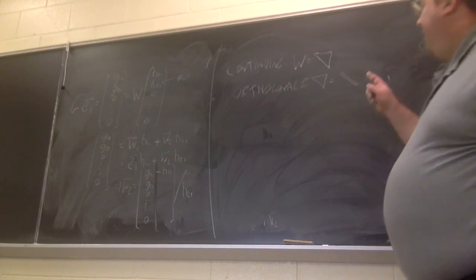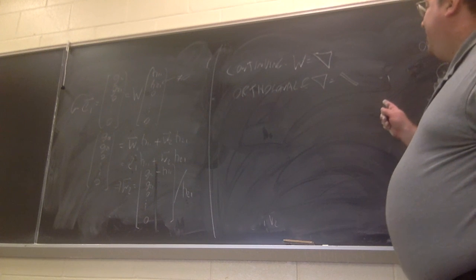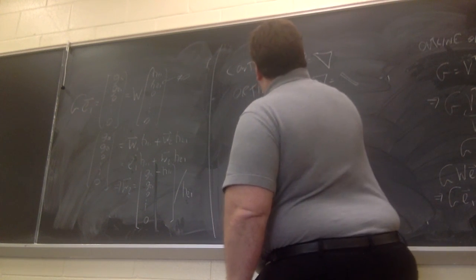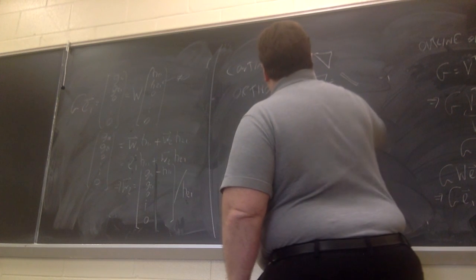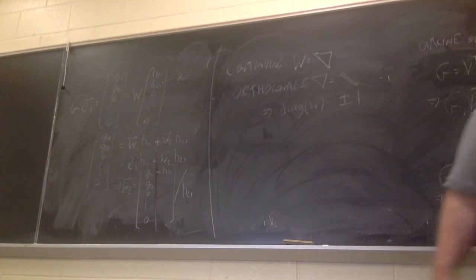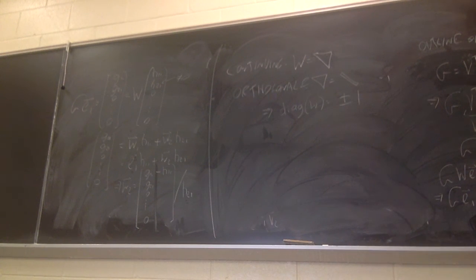But besides that, because it's orthogonal, all the entries of the diagonal W are plus or minus 1. So it's not just any diagonal matrix, it has to fit that form. Just for the sake of orthogonality, it's a real orthogonal matrix, so the squares of the diagonal entries must be equal to 1, because Q transpose Q is identity.